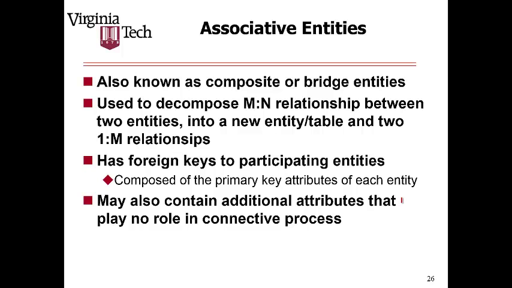And so often, although to me it's really important to look for additional attributes whenever you identify one of these bridge or association entities, like prescription. Right? In prescription, there was a prescription date and then some other text information. But anytime you identify a many-to-many relationship and then break it up into a new entity and two one-to-many relationships, you should really carefully ask yourself, does that new entity have any other attributes?